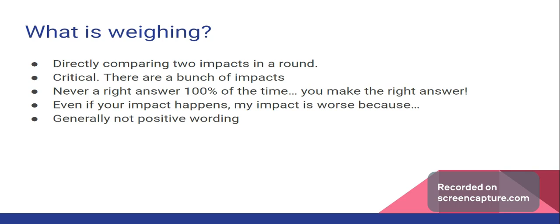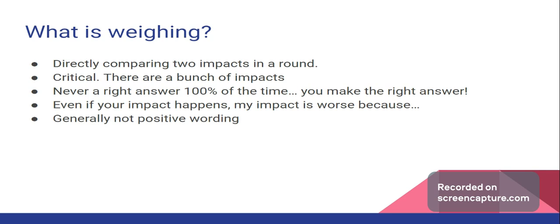There is one key phrasing that you should have whenever you are doing weighing. This is to make sure that you don't concede the argument that you're talking about, which is essentially to talk about an even if argument. This is just a great skill to know for debate in general. But what's great about even ifs is that you can pile on a whole bunch of different arguments.